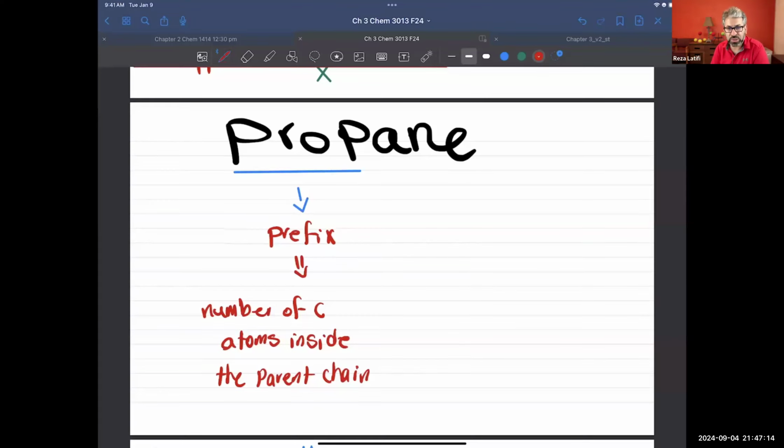Next, what's the meaning of AN? So we had the first part, which we called prefix. Next one, we're going to go after AN, and I will call it infix.